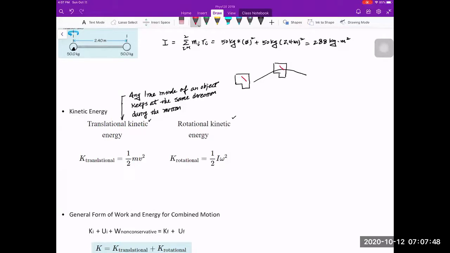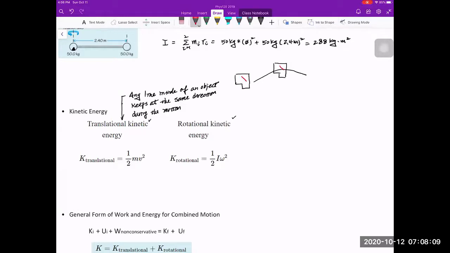With rotation, the line will rotate around one of the axes. This is the difference between translational and rotational motion. With translational motion, we have the equation that we showed you before, which is 1/2 m v squared.